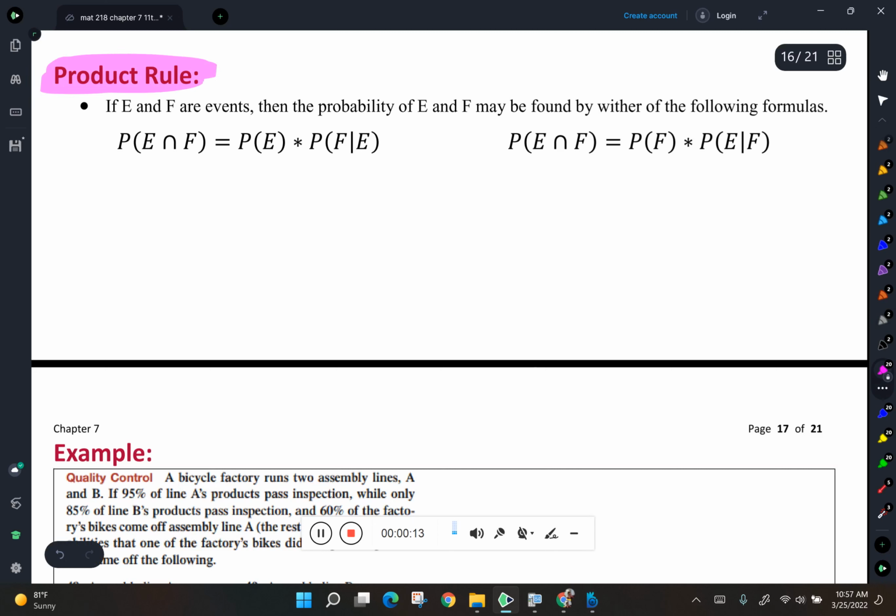The product rule is a direct consequence of the conditional probability rule.